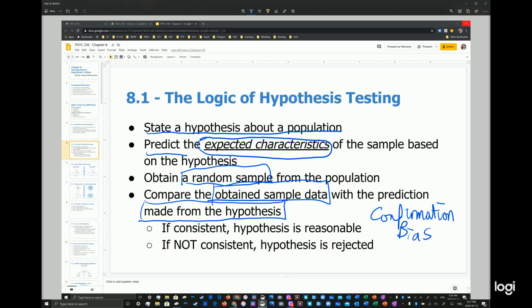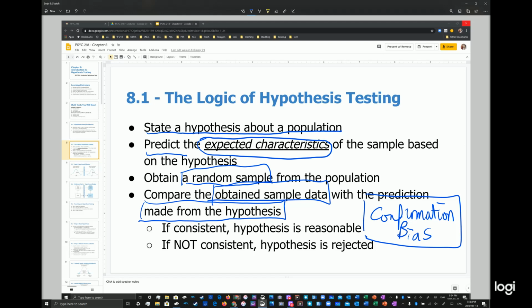And so in hypothesis testing, we're more than likely going to expect a difference, especially if it's some treatment that we made or something we are testing ourselves. So rather than looking for the research hypothesis and saying there is a difference, we want to account for this bias and predict that there is no difference. And if the evidence is strong enough, then we can say, okay, the evidence says there is a difference.